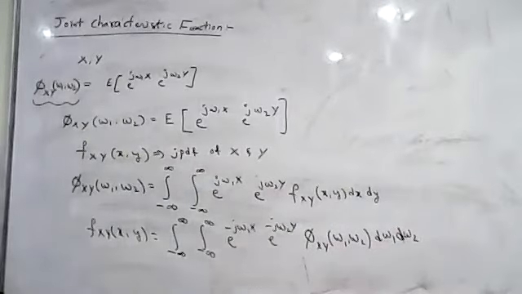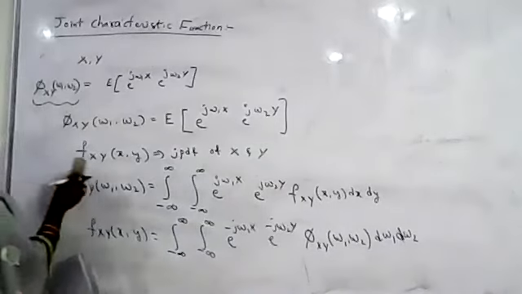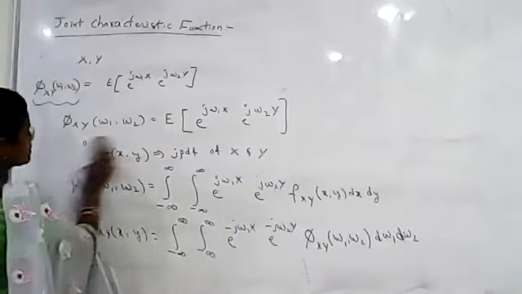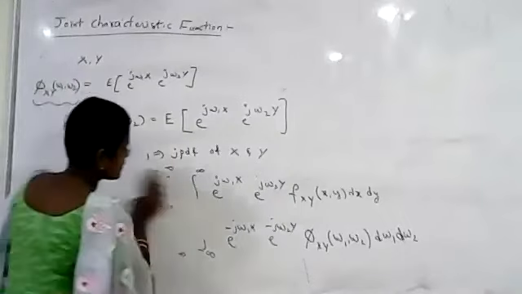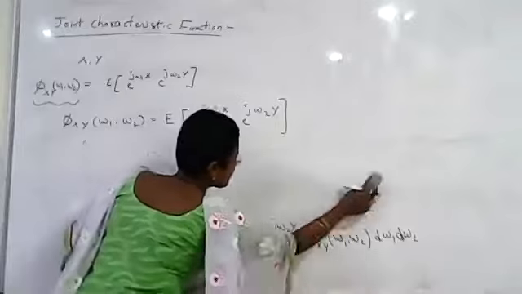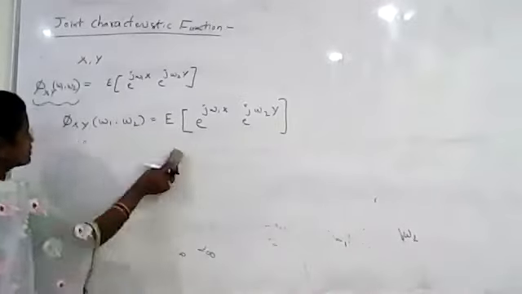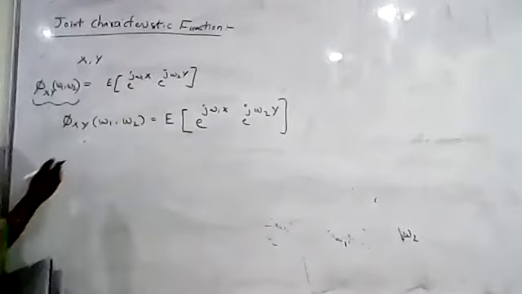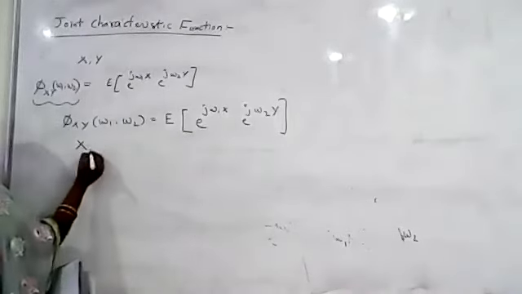Similarly, if x and y are discrete random variables, the formula for phi xy of omega 1 and omega 2 can be written like this. The previous one was for continuous random variables. Now we are considering two discrete random variables.